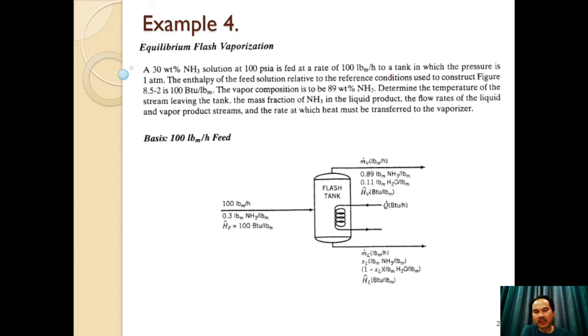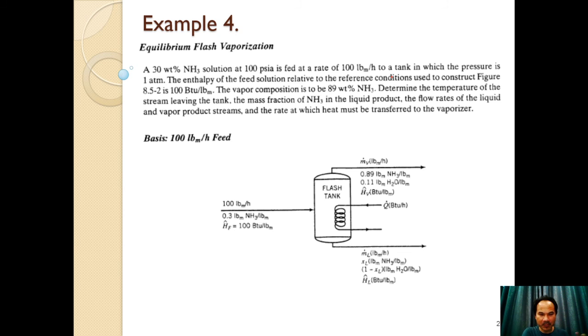PSI is pounds per square inch absolute. It feeds at a rate of 100 pound mass per hour to a tank in which the pressure is 1 atm. The enthalpy of feed solution, relative to the reference condition used in the figure, is 100 BTU per pound mass.